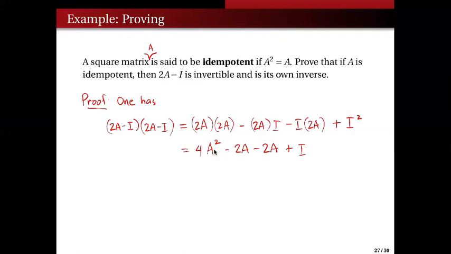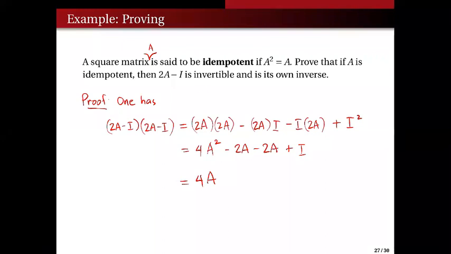Now look at this. It is assumed that A is idempotent. It means that A squared equals A. So this A squared here is just A. Okay?